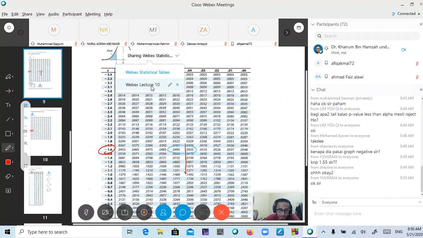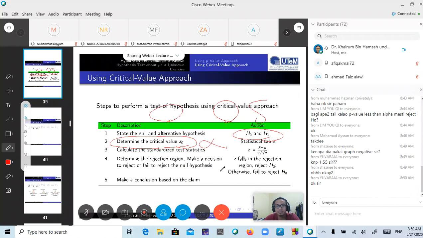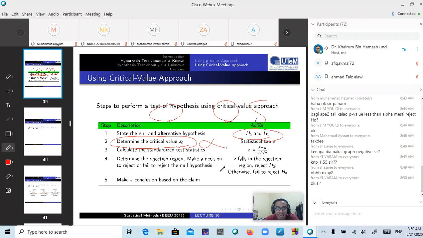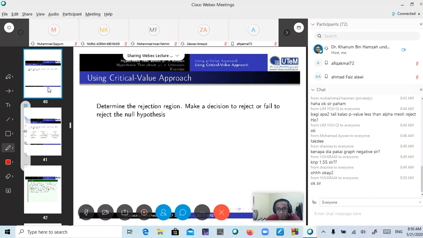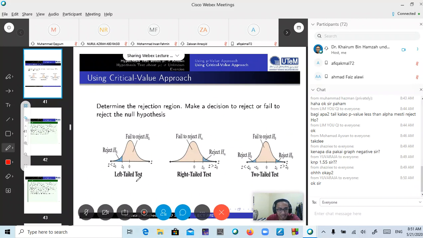Okay, next. Once you have the value of Z0, you can calculate Z. Step 3, the Z calculation, is the same. Then step 4, look at the rejection region. We learned the rejection region last week. Then you can make a conclusion. For example, with a left tail, the rejection region is on the left side, and this is the value of Z0.